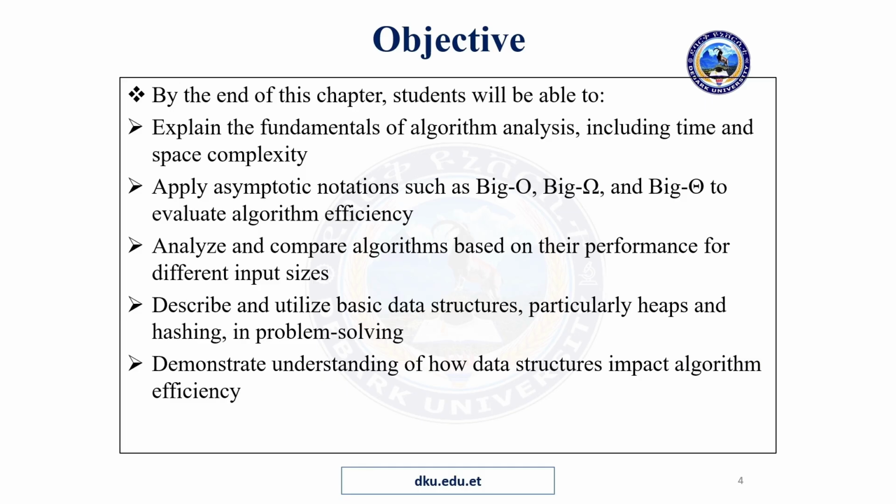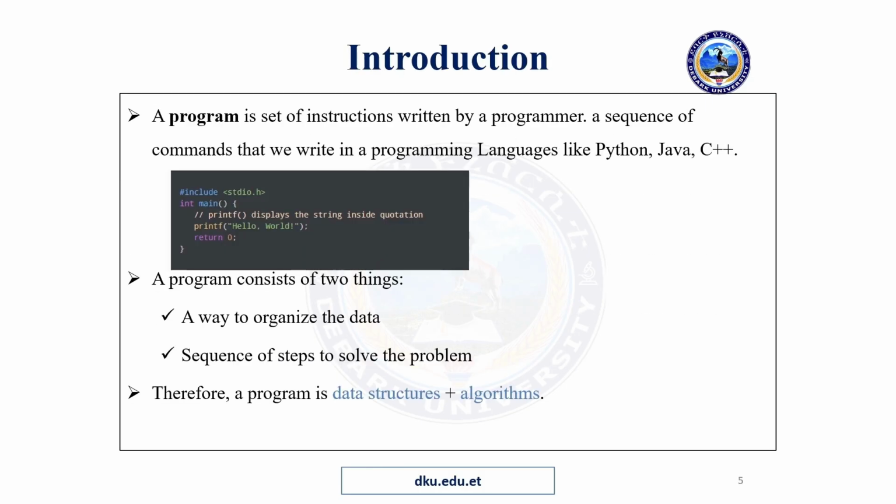The third objective is analyzing and comparing algorithms based on their performance for different input sizes. And the other one is to describe and utilize basic data structures, particularly heap and hashing data structures, in problem solving. Demonstrate understanding of how data structure impacts algorithm efficiency.